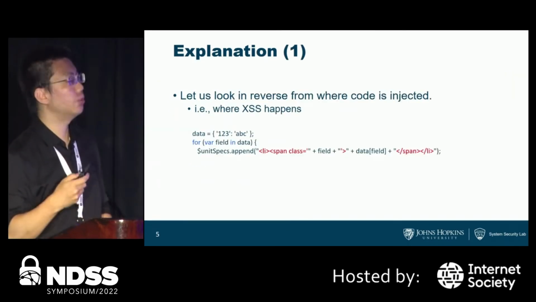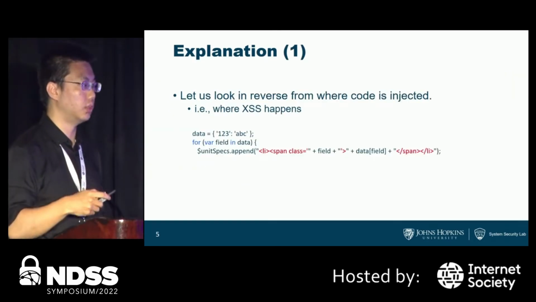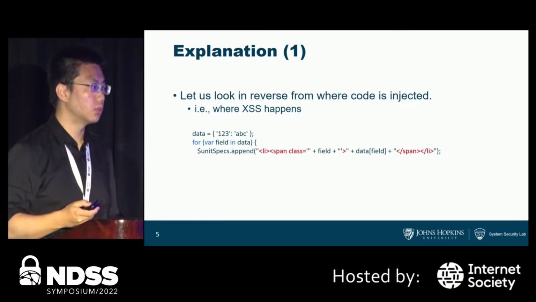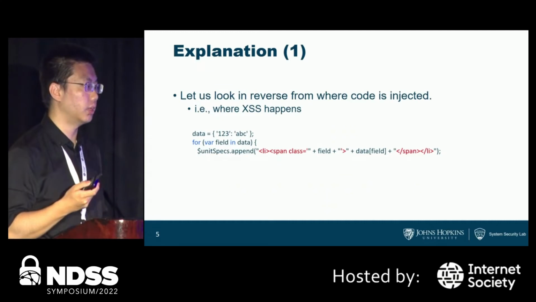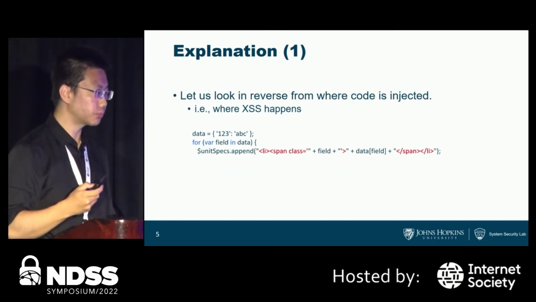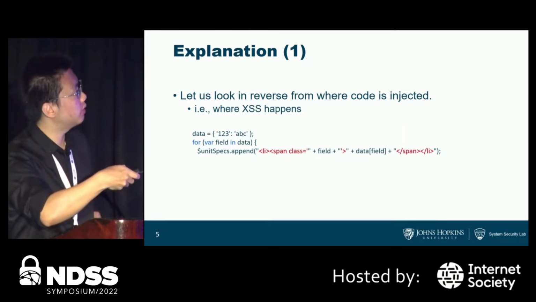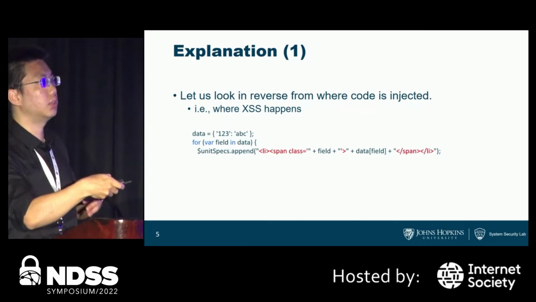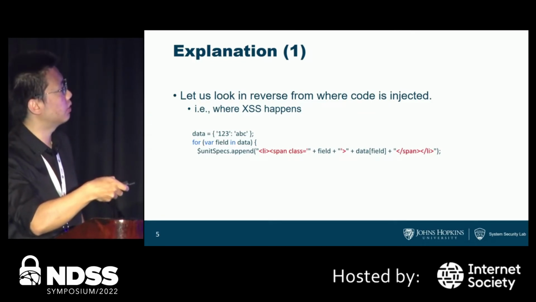First, let us look in reverse from where the code is injected, which is where the cross-site scripting happens. First of all, we have an object called data, and it contains some benign properties. Then inside this for loop, it will extract all of the properties defined in that object data to store in the variable field.